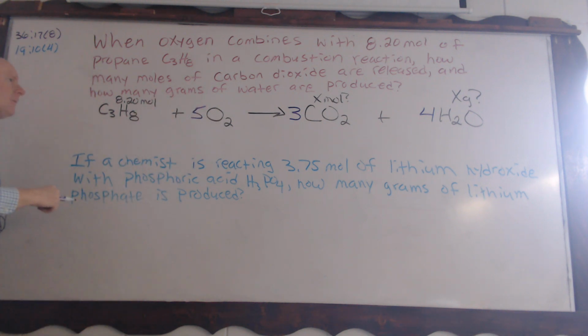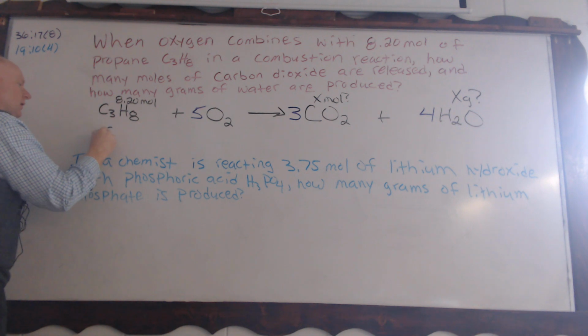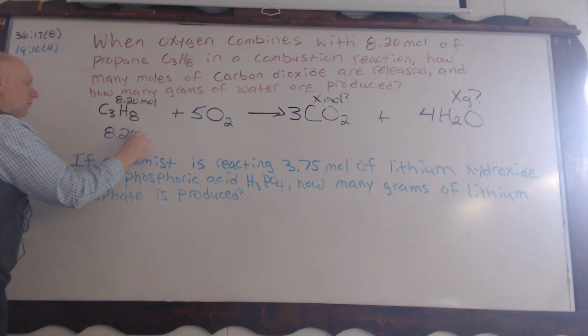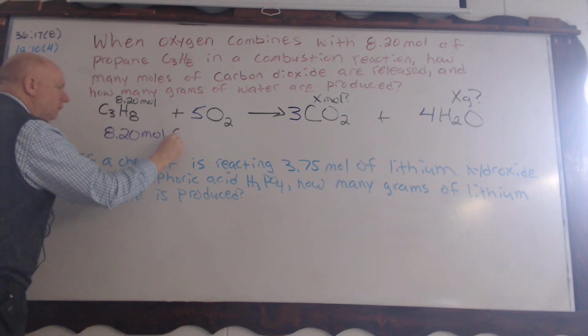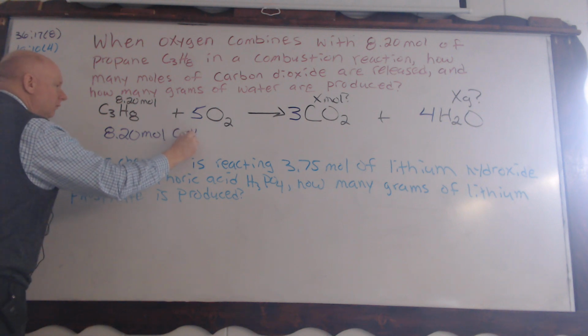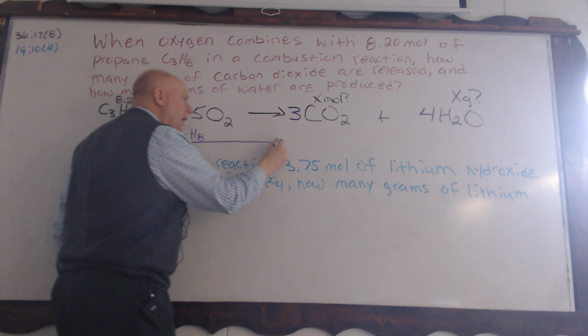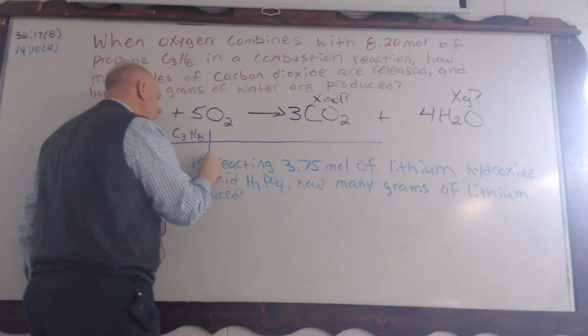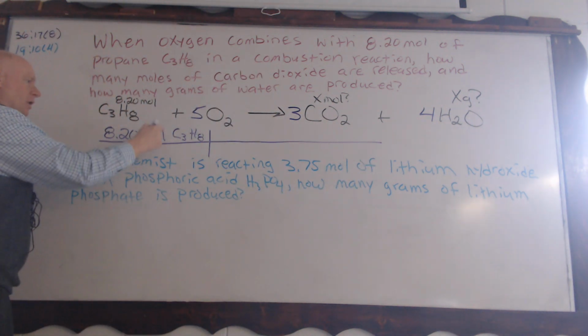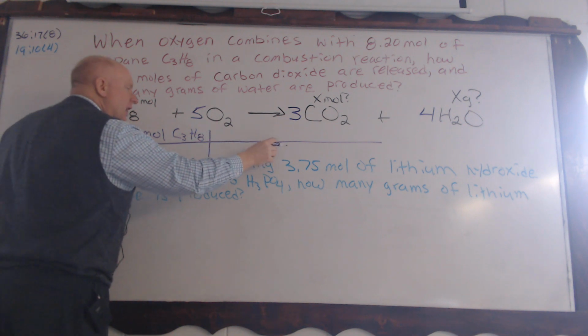Okay. So in this problem, we've got 8.20 moles of this substance. And again, if you wanted to abbreviate that, you could. So how do we get moles to cancel in our next step?